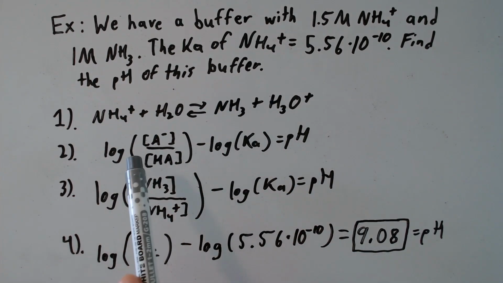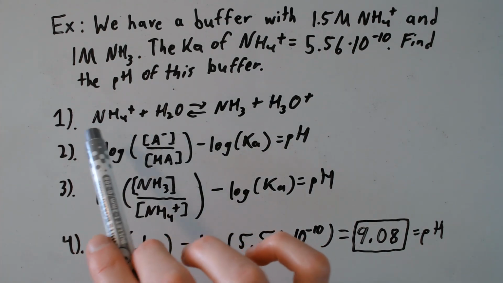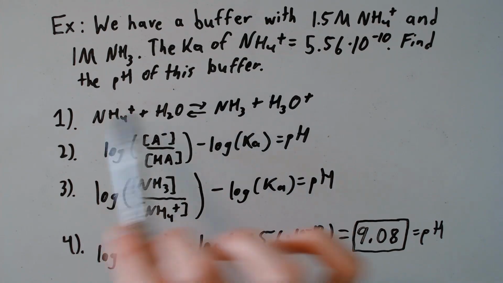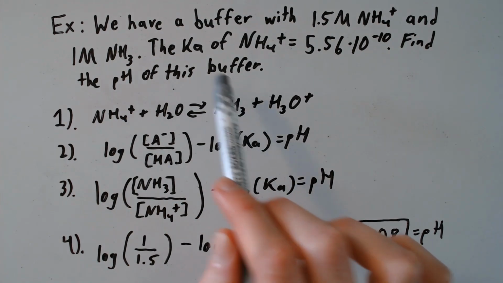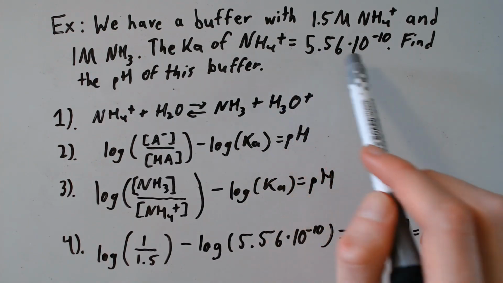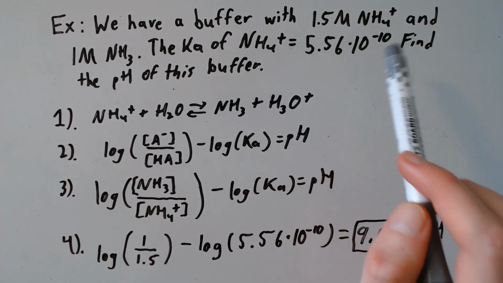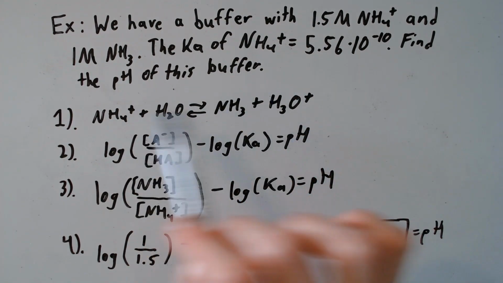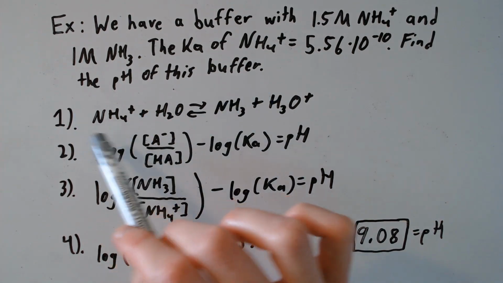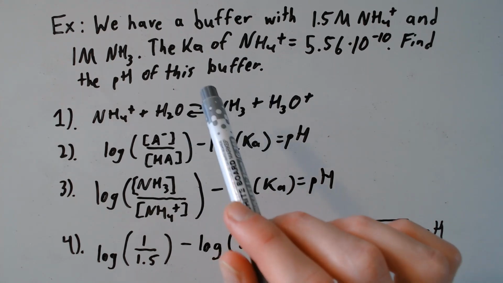Also, I forgot to mention, their initial concentrations once they're added don't really change, because they are so large, 1 molar and 1.5 molar, relative to this tiny Ka, 5.56 times 10 to the negative 10th, that this reaction is so weak that it doesn't really change their initial concentrations. We can ignore these changes to their initial concentrations.